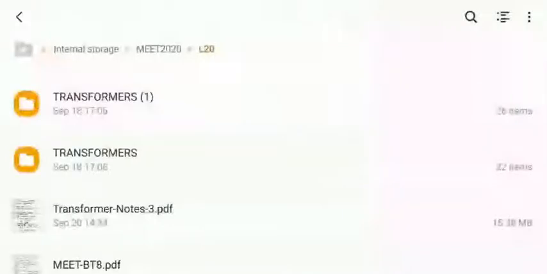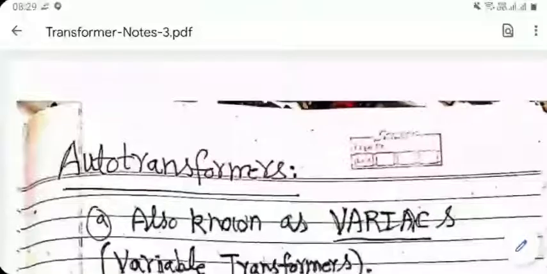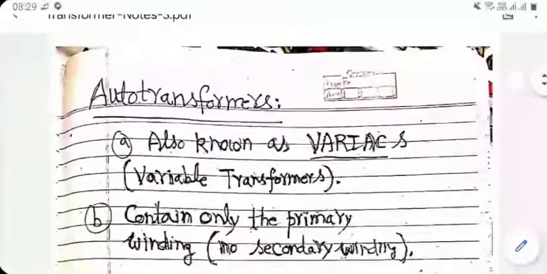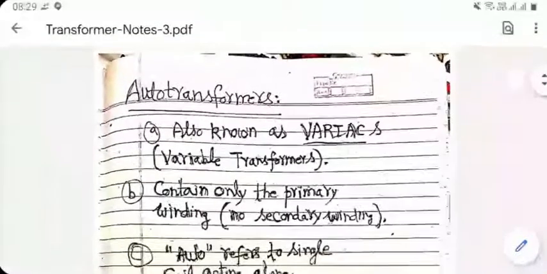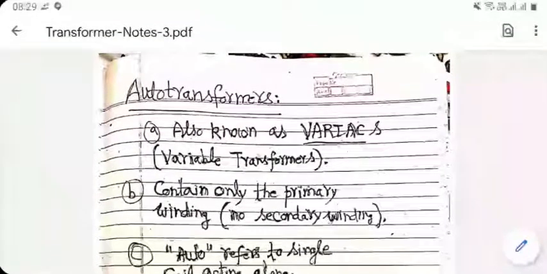Now some more information about transformers besides these calculations. There are transformers called auto transformers. They are also known as variacs. What they have is only one winding, no secondary winding.